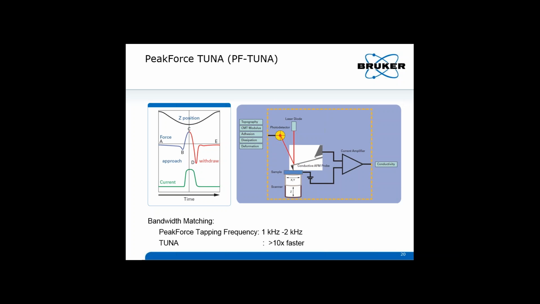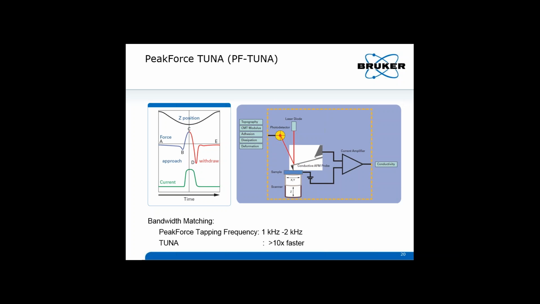So if the result does not work well, we need to find an alternative imaging mode. We can use PeakForce tapping mode. The PeakForce tapping mode is different from contact mode and tapping mode. It is based on the Z piezo modulation at a frequency from 1 kilohertz to 2 kilohertz.